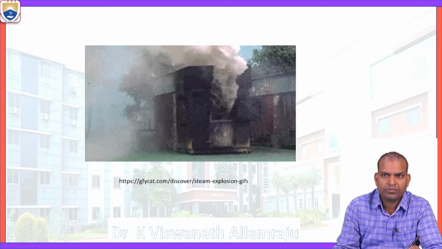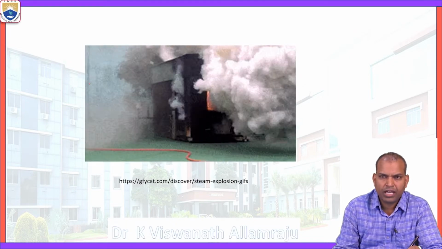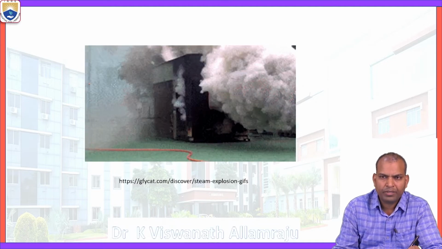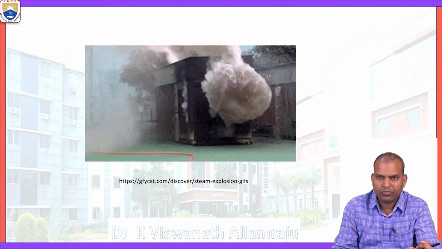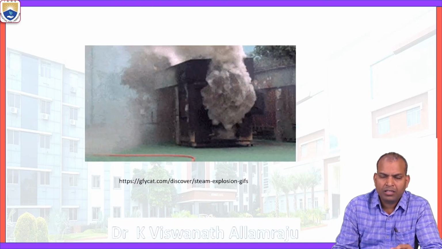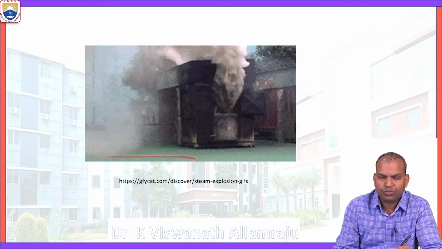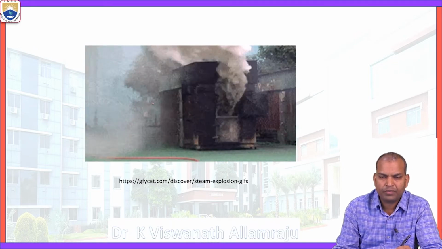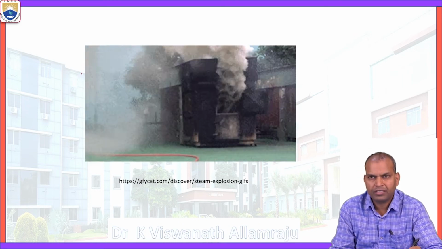So to prevent such catastrophic failures, one has to design properly and do the analysis by considering the circumferential stresses and longitudinal stresses inside for a given fluid pressure. The thickness and the diameter of the cylinder are to be decided based on the fluid pressure, to avoid this kind of catastrophic failure.